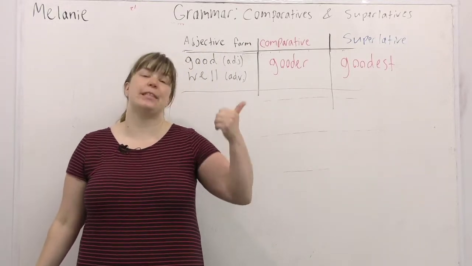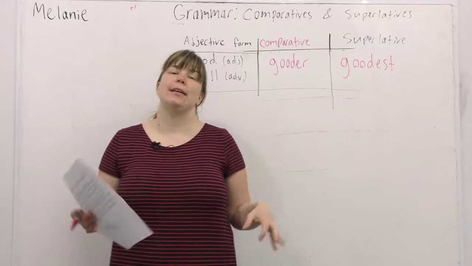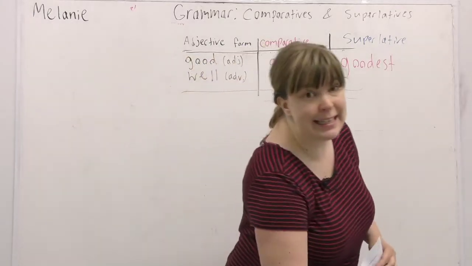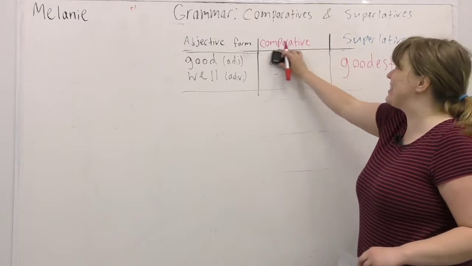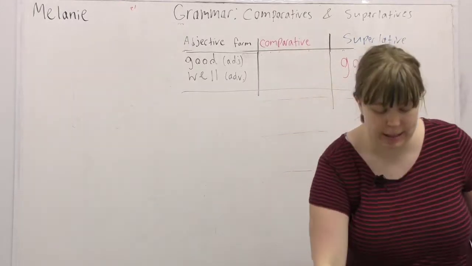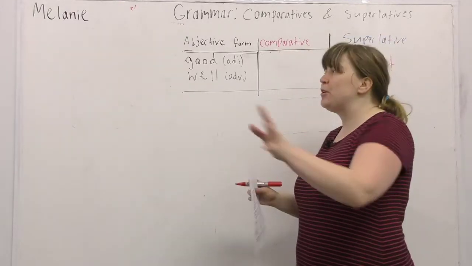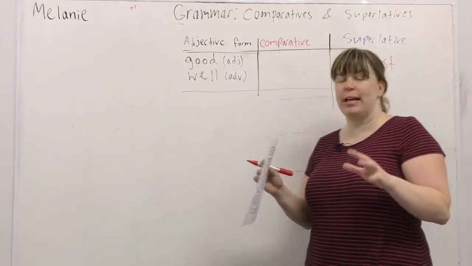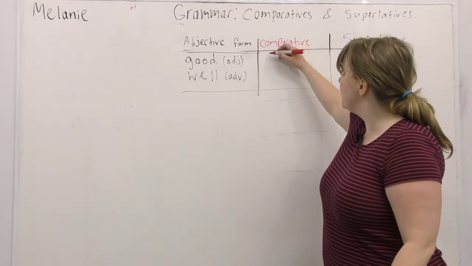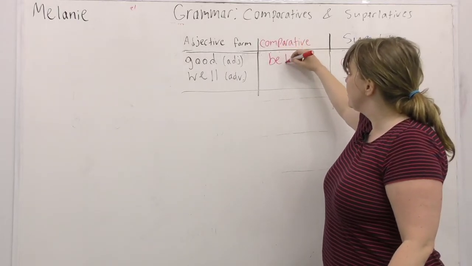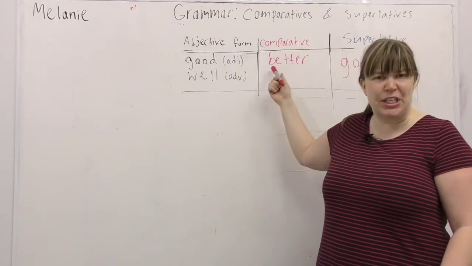You could just type in yes or no. But basically the answer is no, it is not correct. We don't say gooder. There's only a few verbs that are going to be special like this, so don't worry too much. Instead we say better.